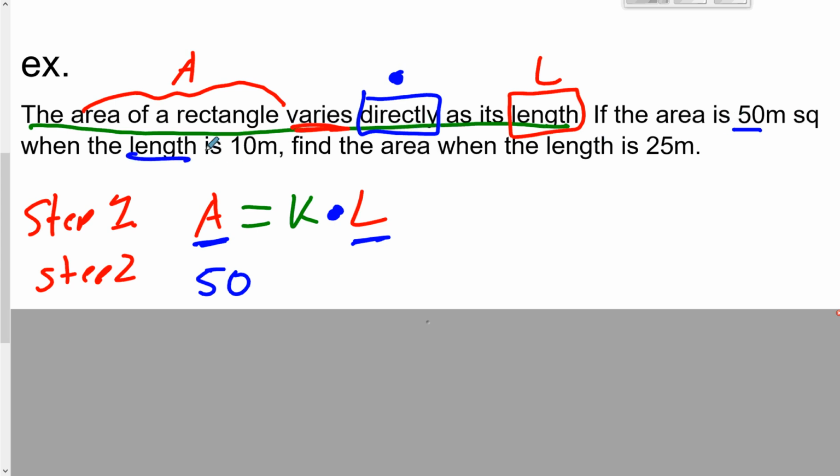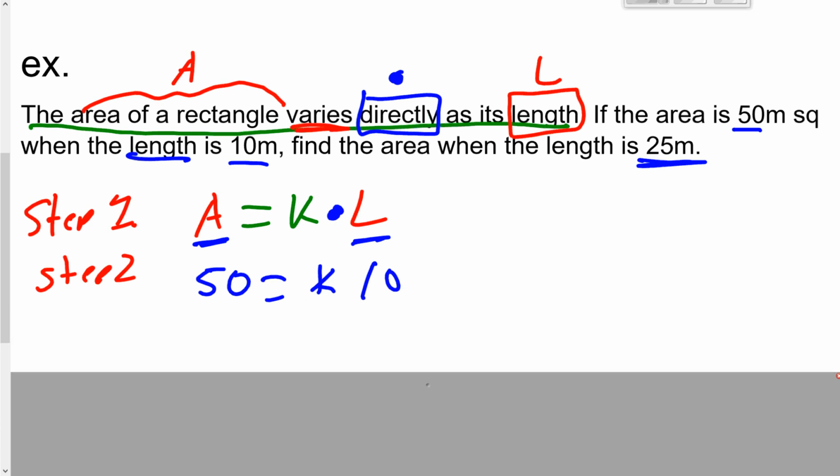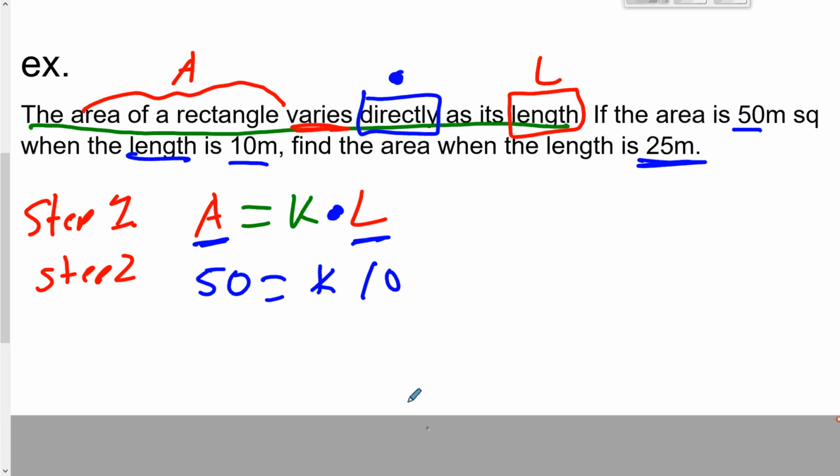That's our L, so I can enter in 10 for L. Now, I don't want to enter in any more information, because I'm trying to find k. Even though they give us another number here, I'm not going to enter that in. I got to find k first. So here I set up this equation. So there's step 2, and now we've got to solve for it. That's the second half of step 2. So k is equal to 5.